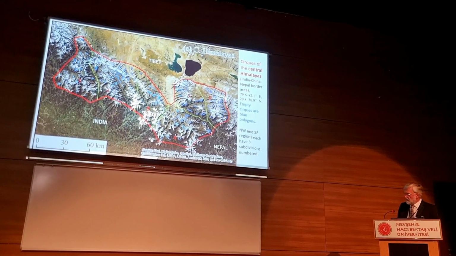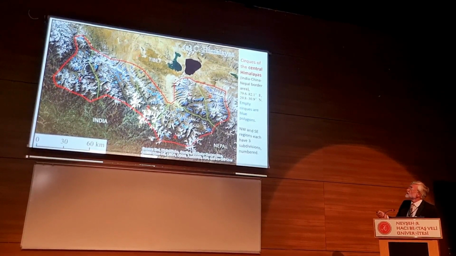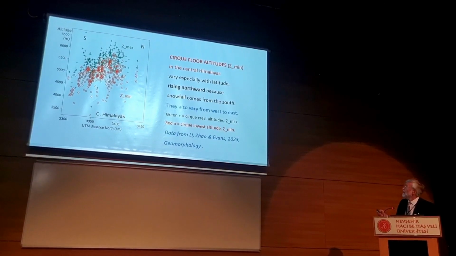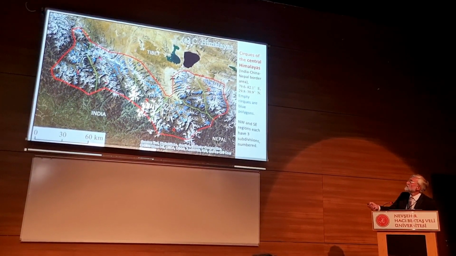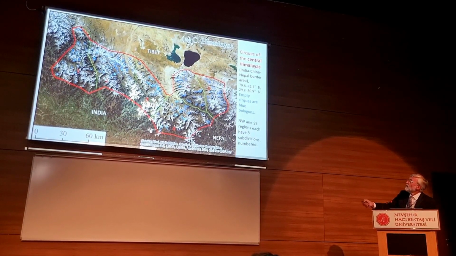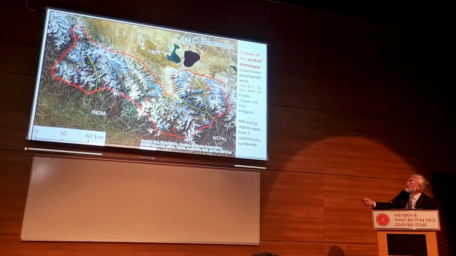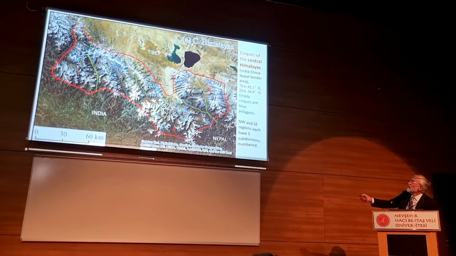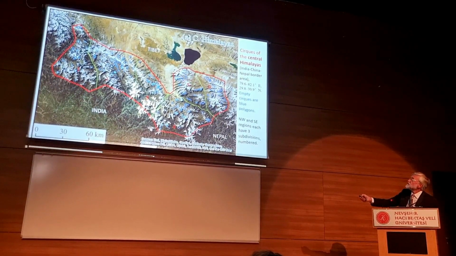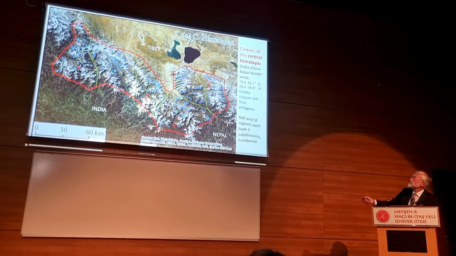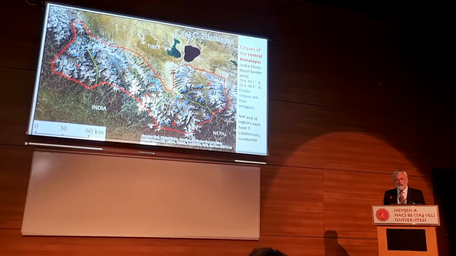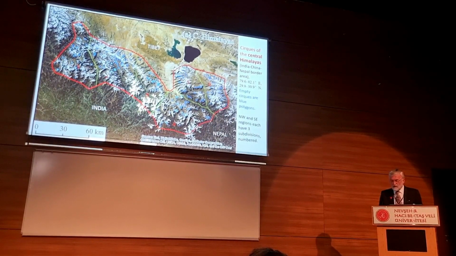You can see the total study area, and you see that we can subdivide it into the western and eastern regions, and subdivide using valleys and low passes into separate mountain blocks, each of which still has a sufficient number of cirques to provide some statistical results.